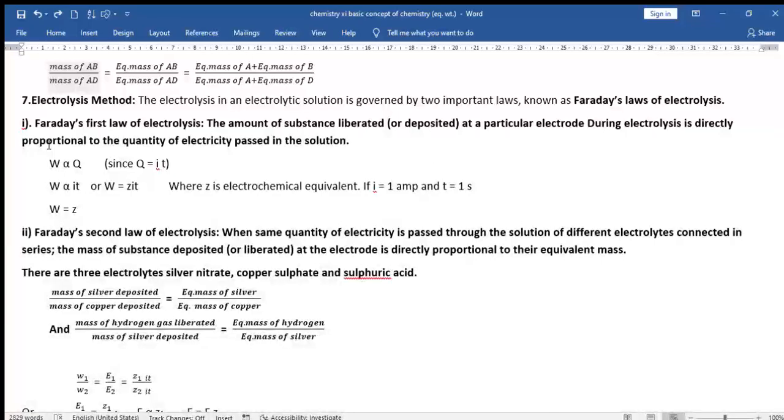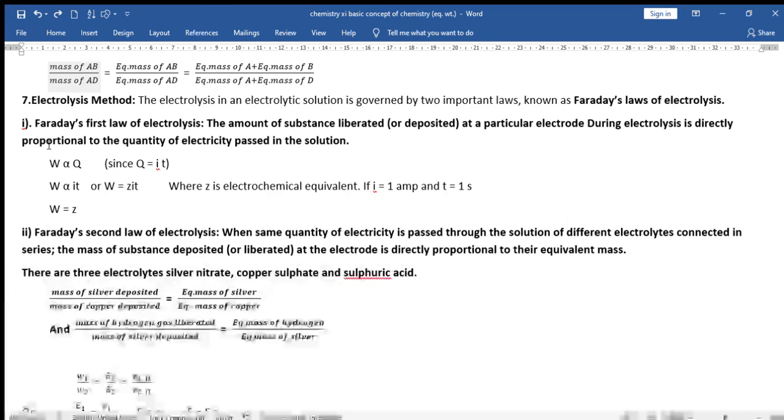Whenever we pass an electric current through an electrolytic solution or the fused state of an ionic substance, the electrolyte, some chemical reaction takes place, and during this chemical reaction some substance is collected at one electrode and some at the other electrode.